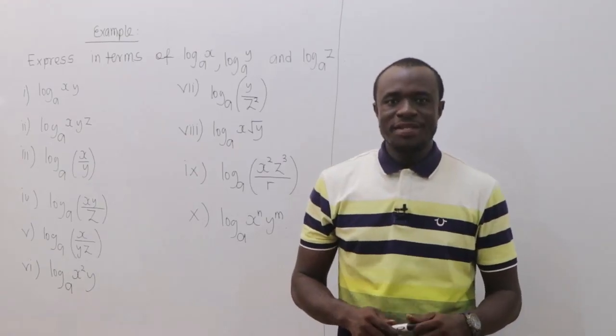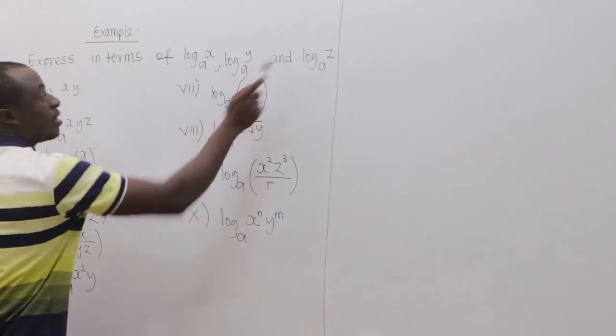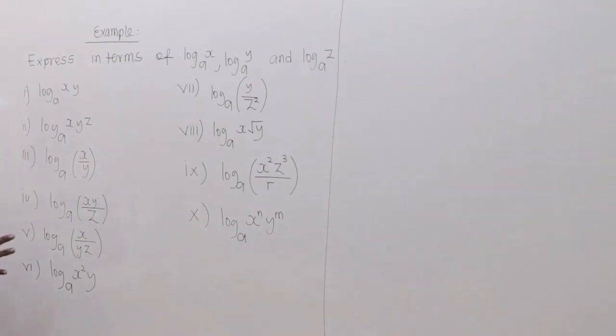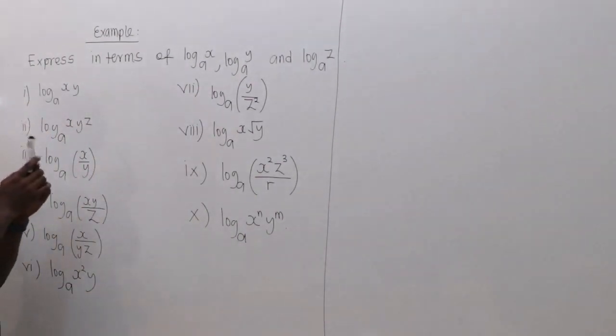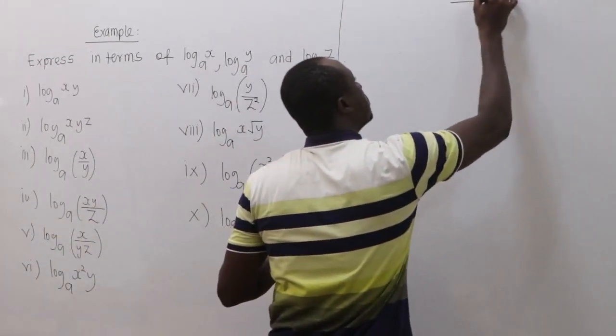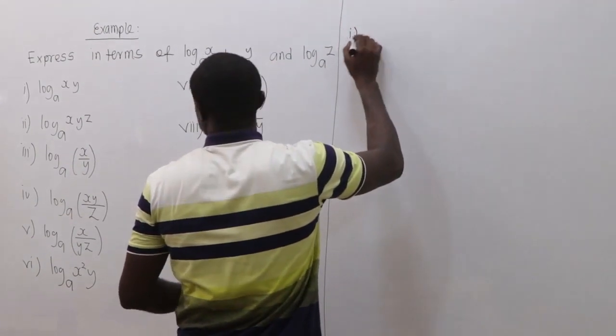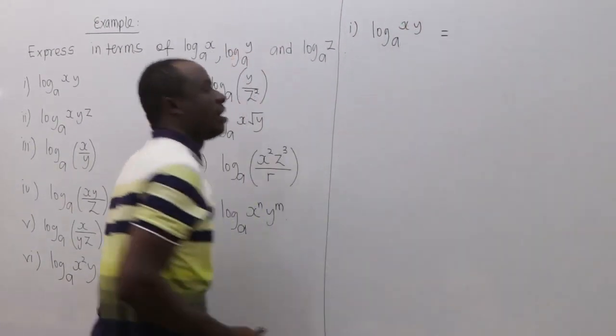Now let's consider this example. It says express in terms of log a x, log a y, and log a z. So we want to express in terms of that. Here, clearly, there's no xy here, so separately, a x and then a y. Now let's see the first one. You have log a of xy.